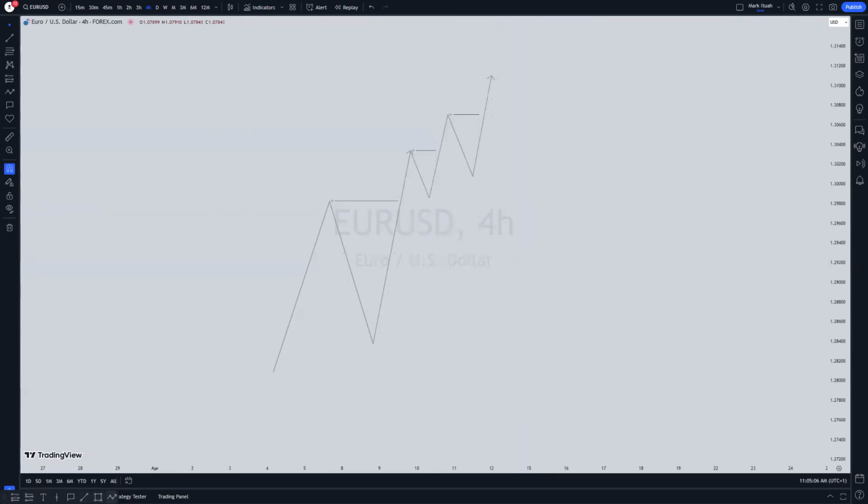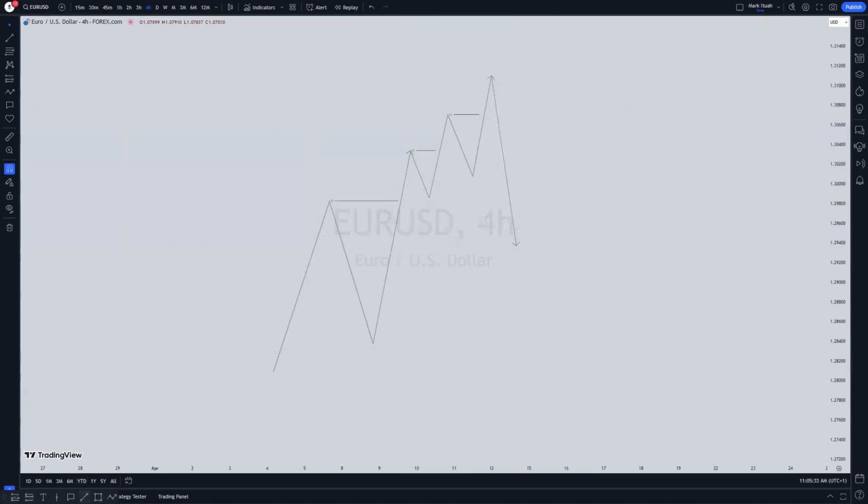Now, this is where a lot of people get caught up. Immediately after the break of the major structure high, price will start giving continuation on the minor structures moving higher. Then all of a sudden, price drops suddenly, gives a heavy drop.